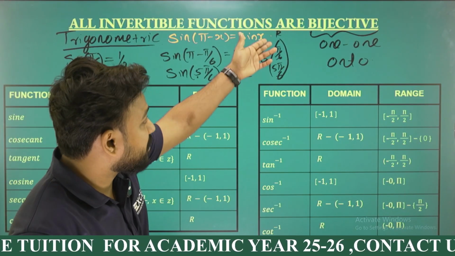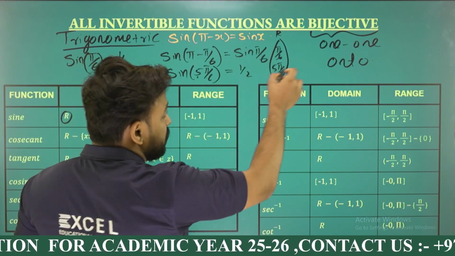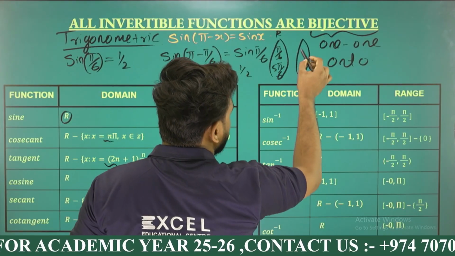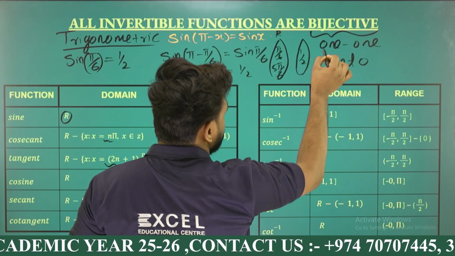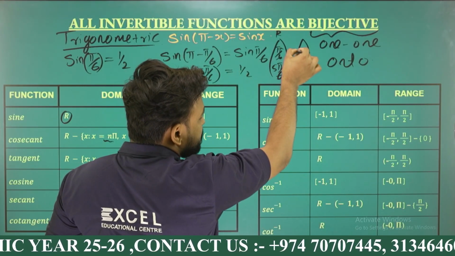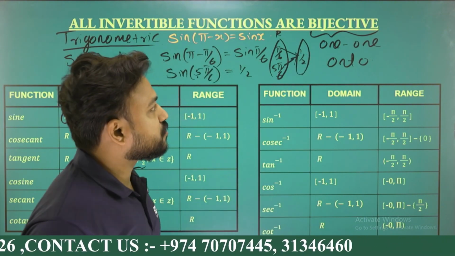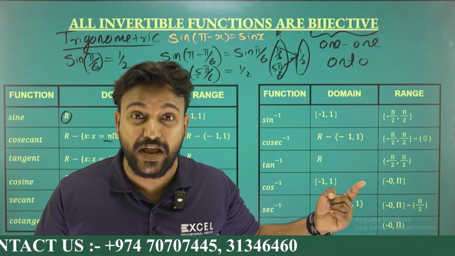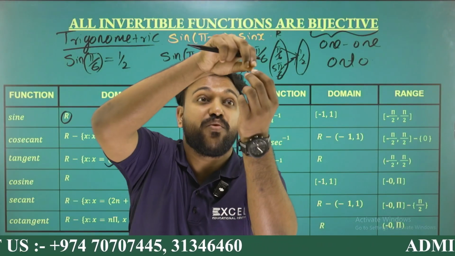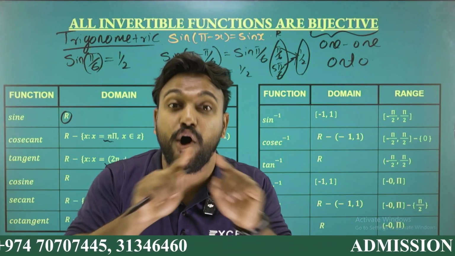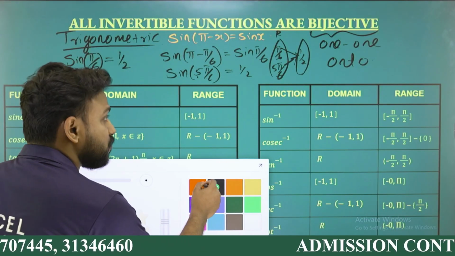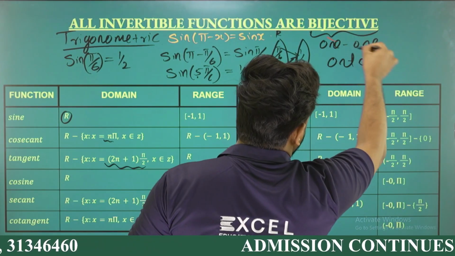You can put any real number, but I am writing only two numbers. Then there is 1 by 2 in the codomain. Pi by 6 is directed to 1 by 2. 5 pi by 6 is also directed to 1 by 2. So two values of x are sharing one value of y. It's not one-one, yeah, it's not one-one.